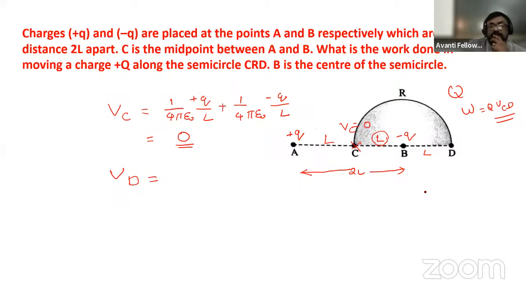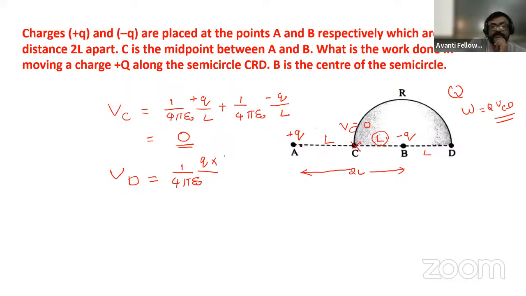What is the potential at the point D due to the positive charge Q? Again, I'm going to the same formula. 1 by 4 pi epsilon 0 into positive Q, divided by the distance.